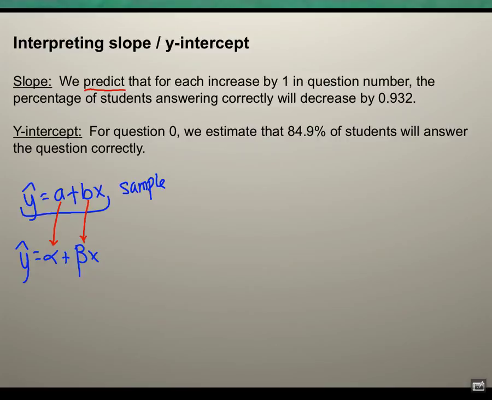In our case, our model had question numbers 1 through 35, so our model only applies to question numbers 1 through 35. Question 0 is outside of the domain, so it doesn't make sense. All this stuff sound familiar? Yes. Okay, but it's really important that you understand that our regression line is just an estimate of the population line, and we don't actually know the population line.